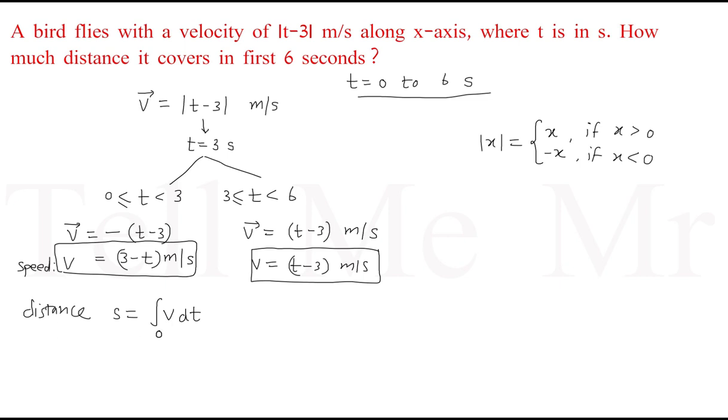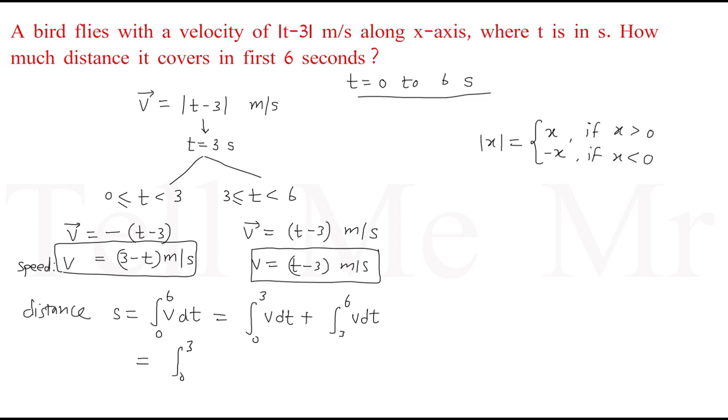We have to go from time t equal to 0 to 6 seconds, but we will break this integration in two parts because the nature of the function is changing at t equal to 3 seconds. So integral from 0 to 3 of v dt plus integral from 3 to 6 of v dt, and we will put the two different definitions of speed in these two intervals.